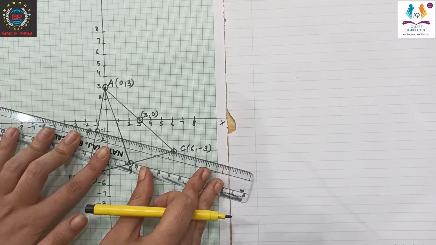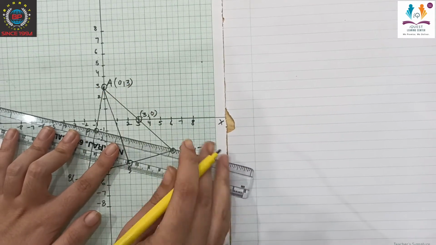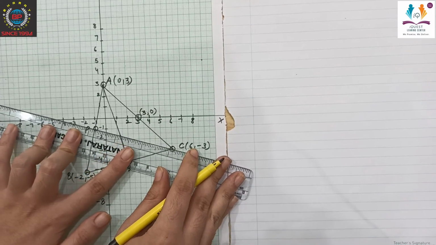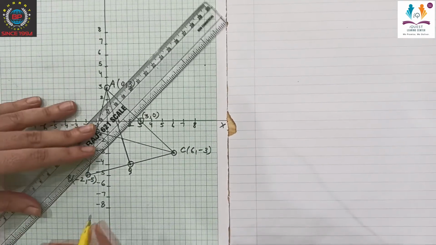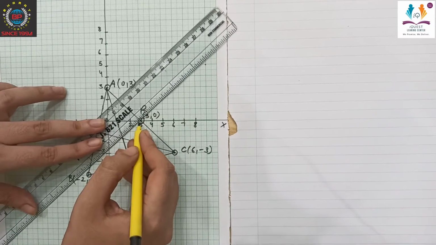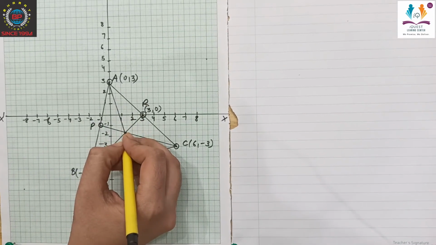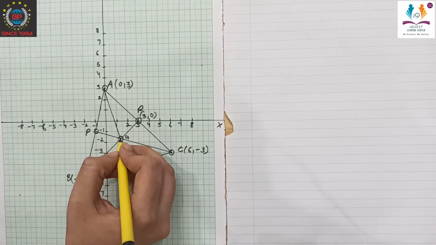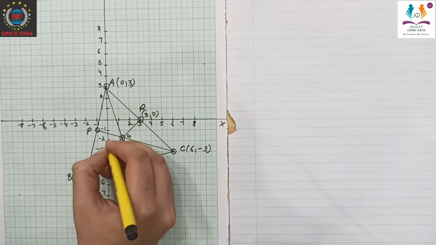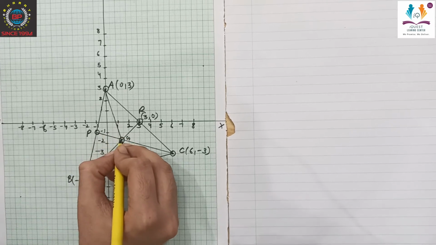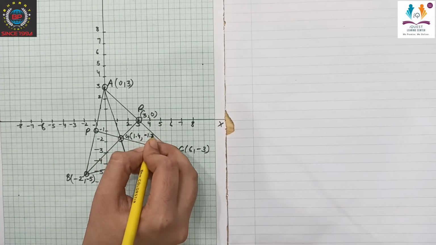Similarly, this midpoint P to the opposite vertex C, and this midpoint R to the opposite corner, that is B. So this is our G. The coordinates of G, that is the centroid, are 1.4 on the x-axis and minus 1.7, that is negative y-axis. So 1.4 comma minus 1.7.